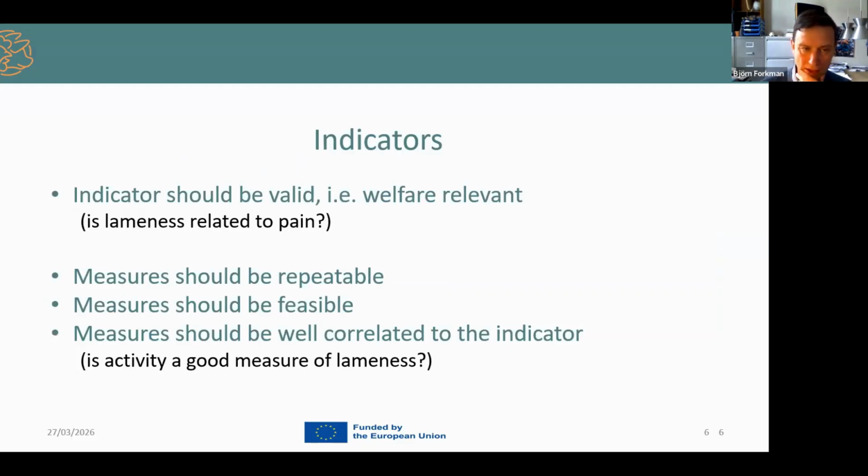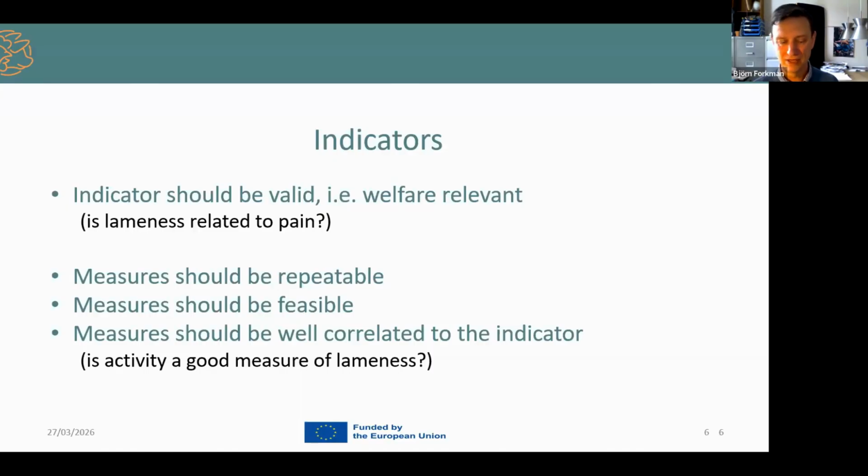So what about indicators? What should they be, so to speak? Well, they should be valid, obviously, welfare relevant. So say, is lameness related to pain? If lameness is just the animal is limping, but it doesn't feel any pain, is it then welfare relevant?